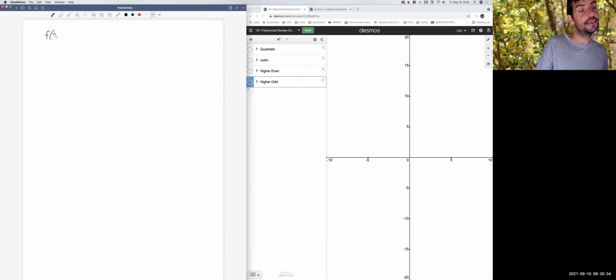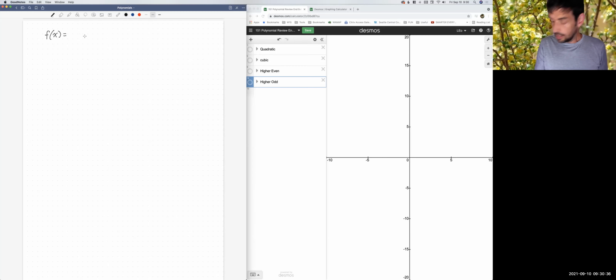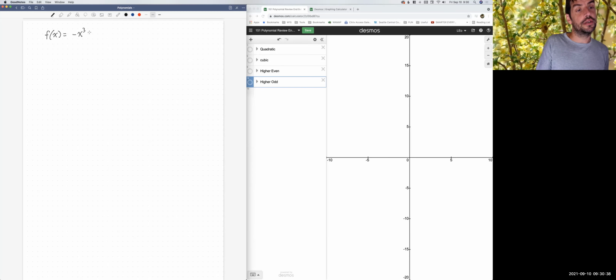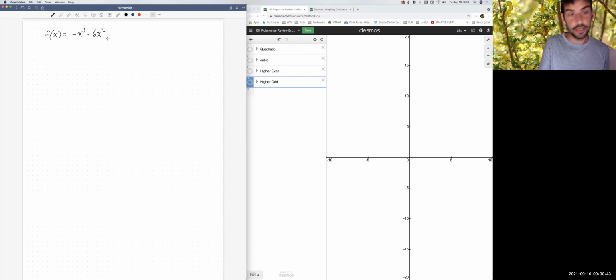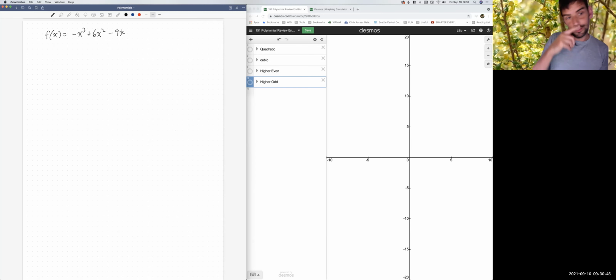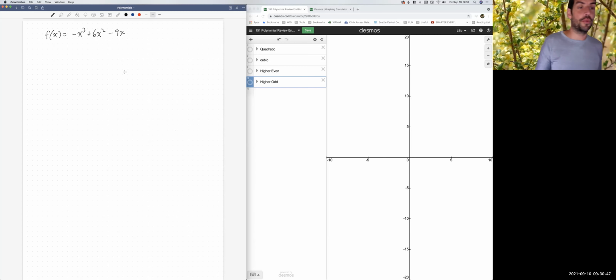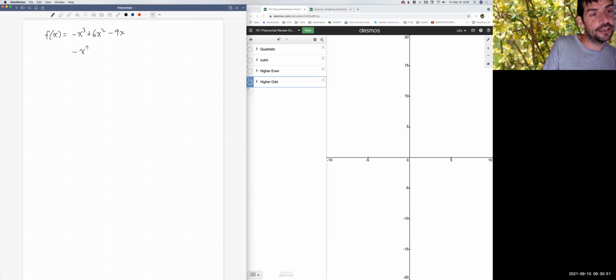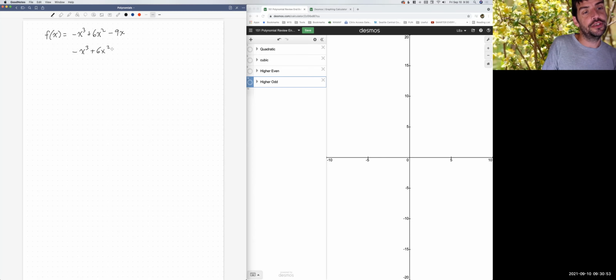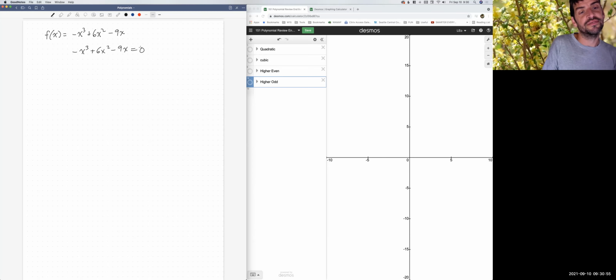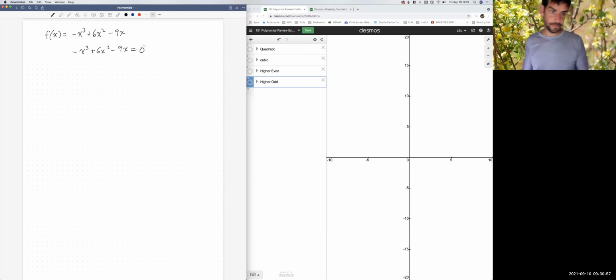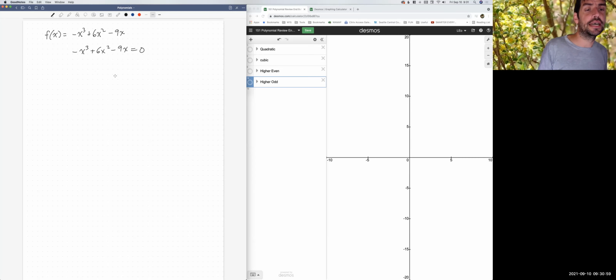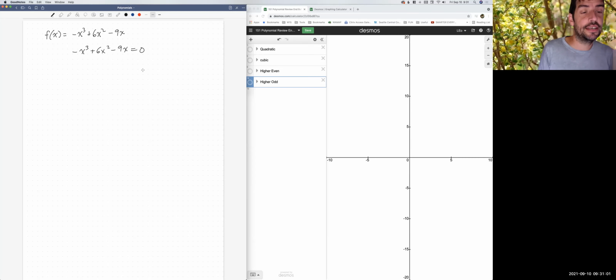So for instance, negative x cubed plus 6x squared minus 9x, right? So here's a cubic, and suppose I wanted to find the roots of this thing. So I would be looking to solve this equation. So I would probably, well, let's factor out a negative x from everything.